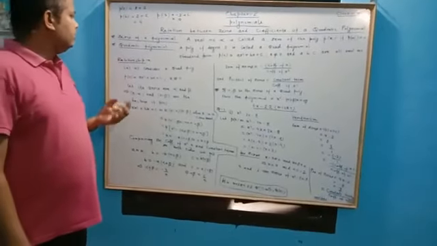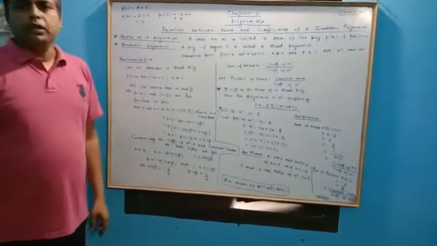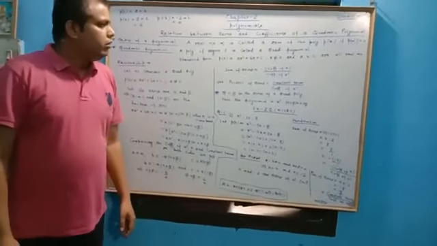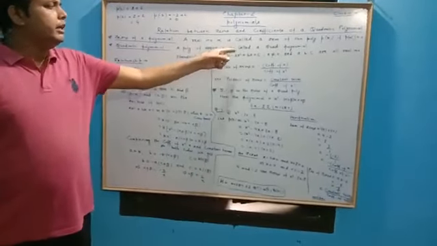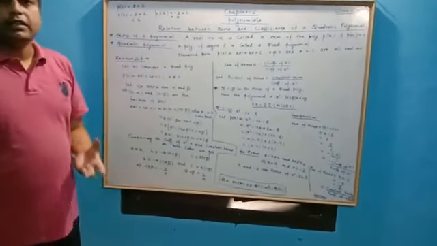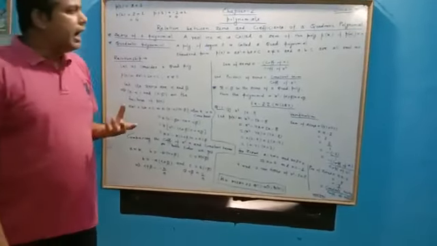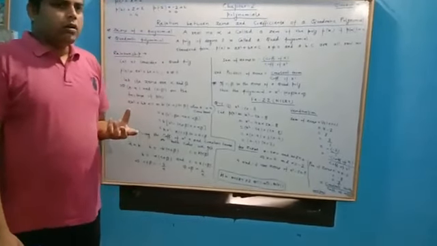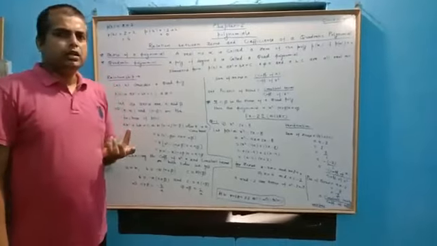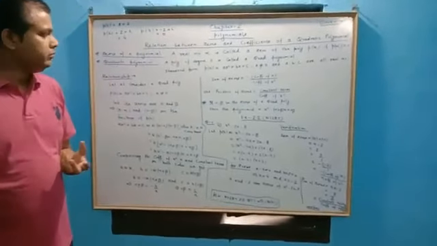Next term, quadratic polynomial. What is a quadratic polynomial? A polynomial of degree 2 is called a quadratic polynomial. What is a degree? The highest power of the variable in any polynomial is called degree.